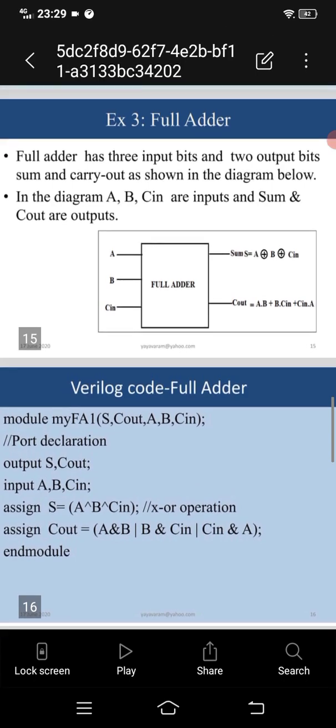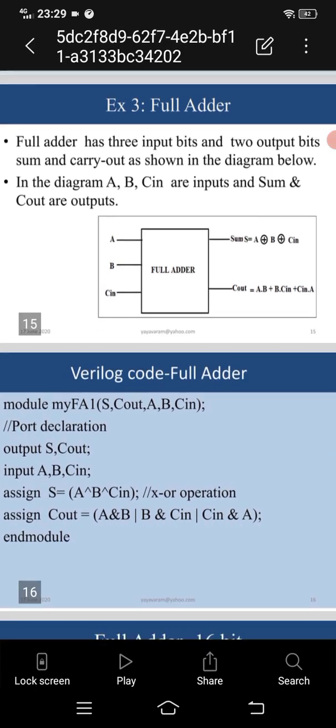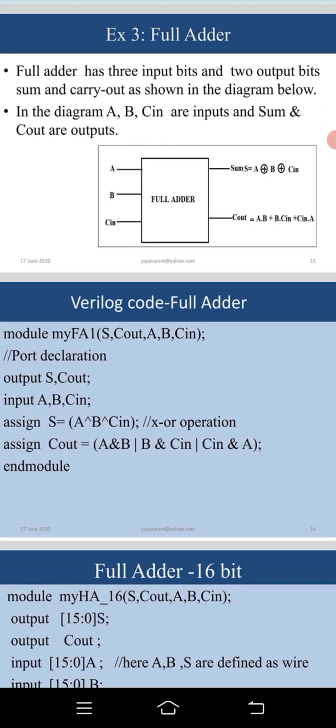Then the Verilog code for the full adder. Module my FA1 (S, C out, A, B, and C in) and port declaration.